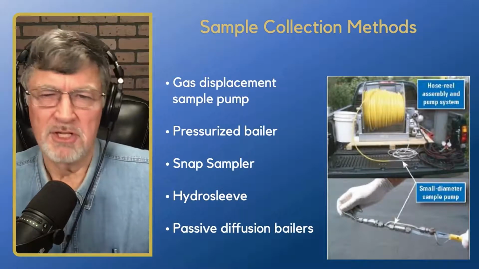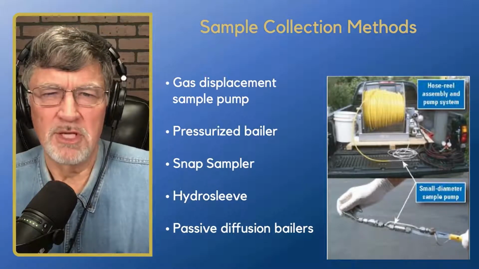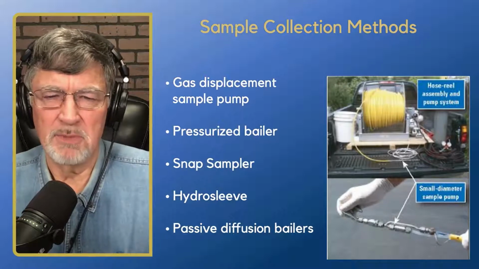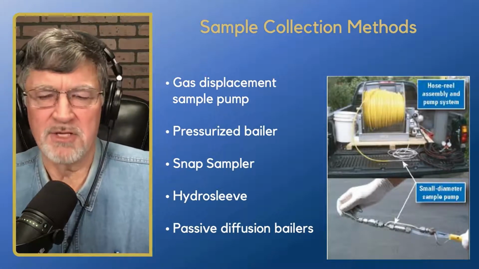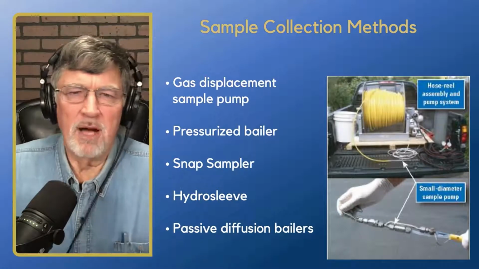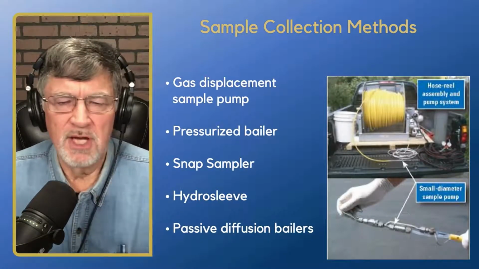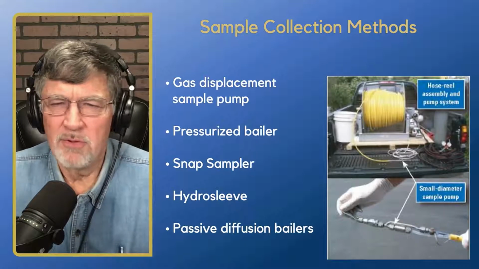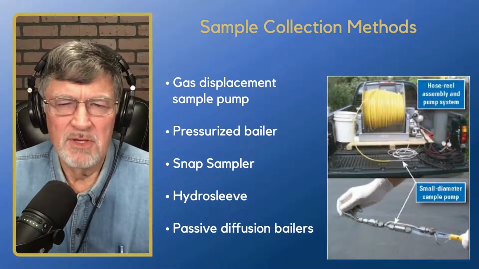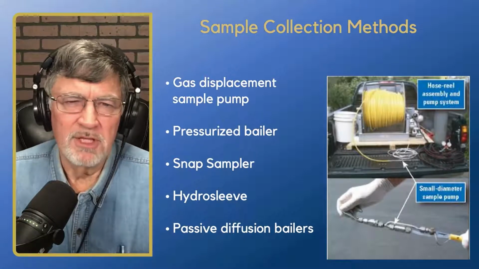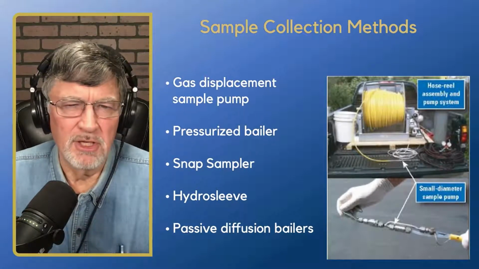Now, sample collection methods. There are a number of methods we use: a gas displacement pump, pressurized baler, snap sampler, hydrosleeve, passive diffusion balers. The problem with the last four, from the pressurized baler down, is that these methods really limit the amount of sample you can actually collect.